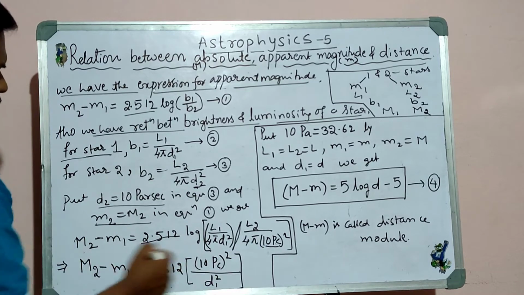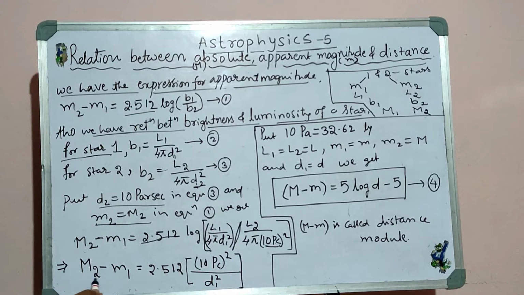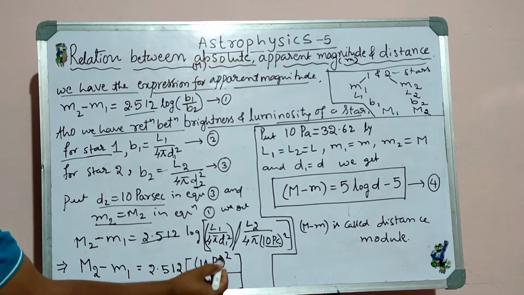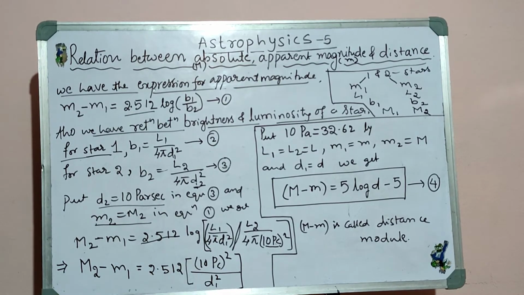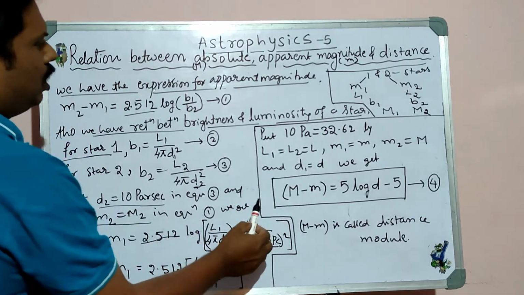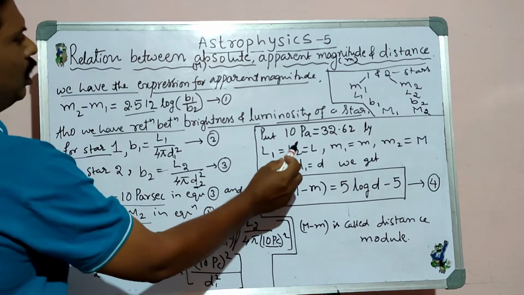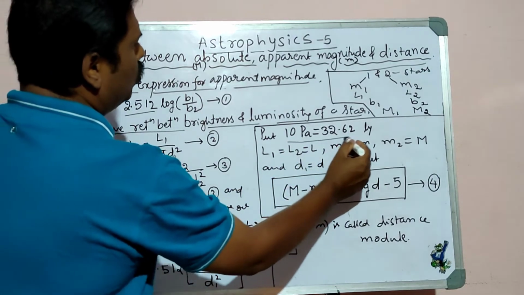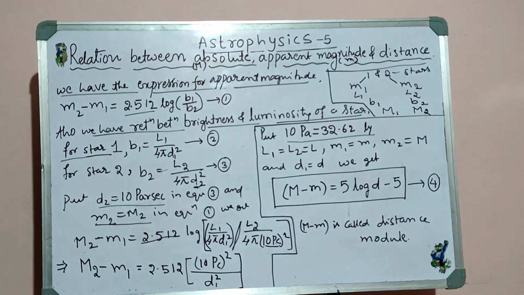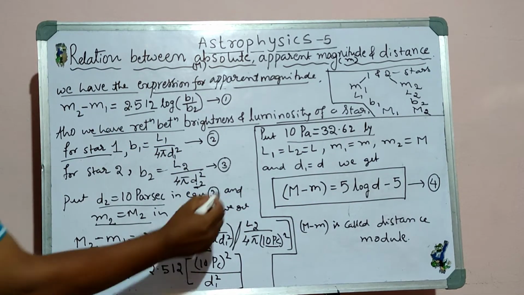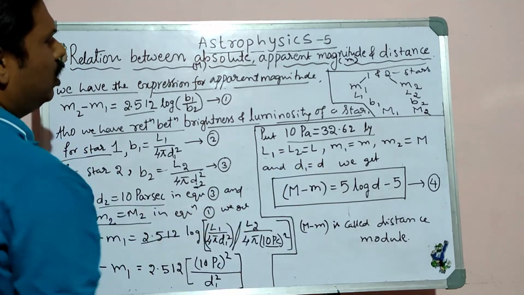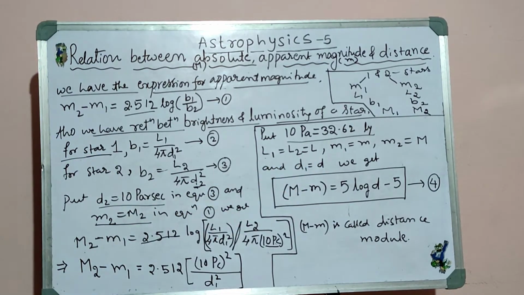If you calculate all these values, we get M2 minus m1 is equal to 2.512 log of 10 parsec whole square divided by D1 square. Now we know the value of the parsec: 10 parsec is equal to 32.62 light years, and L1 is equal to L2 is equal to L, the luminosity of the star we are going to find out.